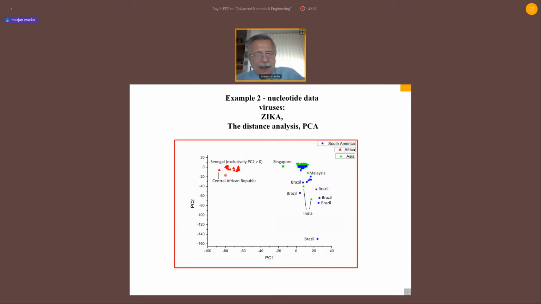This is probably the more original version, and these are maybe slightly modified or mutated viruses. There are some outliers here. You see India is a little bit separated from the others, and some samples from Brazil, or samples from Singapore or Brazil, but it's an interesting picture.